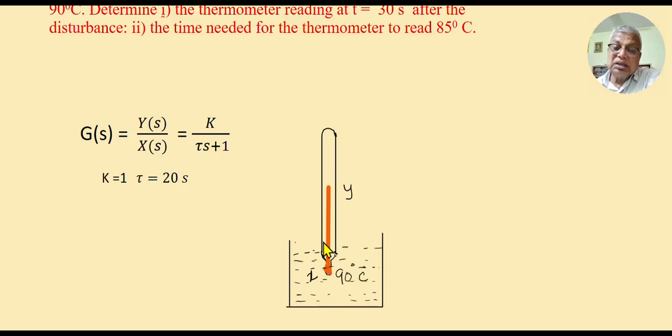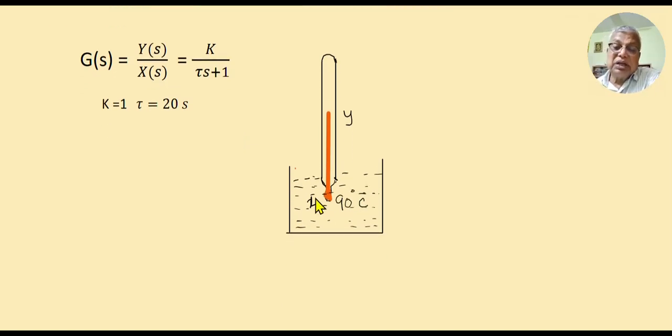Now as a result, the thermometer reading Y is going to change. This bath temperature will be constant at 90 degrees, but the thermometer reading Y will be changing. Now what type of input is given to the surrounding of the thermometer? The temperature of the surrounding of the thermometer changes suddenly from 30 to 90 degrees.